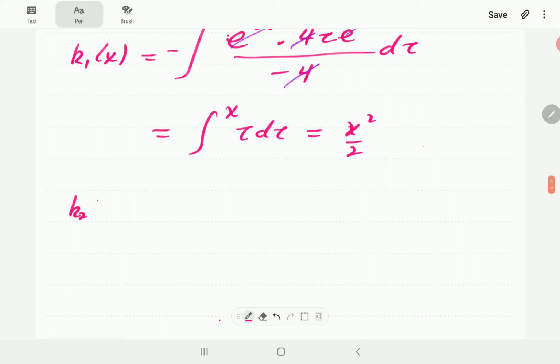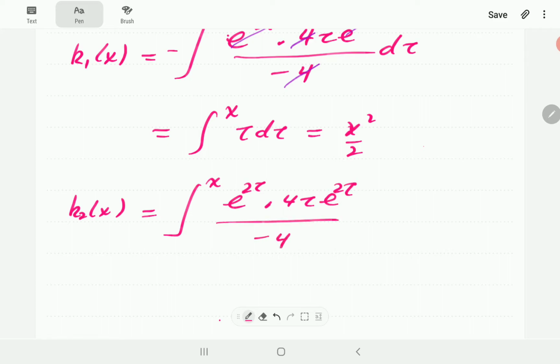Then the k2 function is going to be the integral of y1, which is e to the 2 tau, then 4 tau e to the 2 tau all over -4.